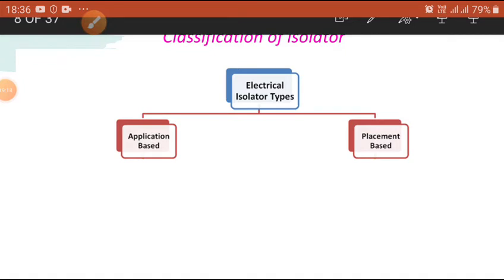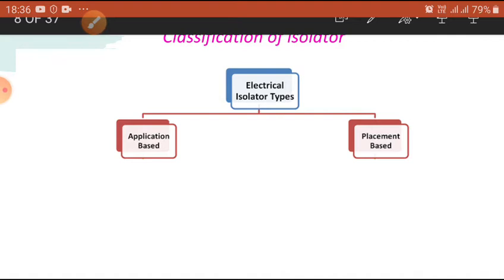Electrical isolators are classified based on application and based on placement. Based on application, we have seen single break type isolators, double break type isolators, pantograph isolators, and MCB isolators.